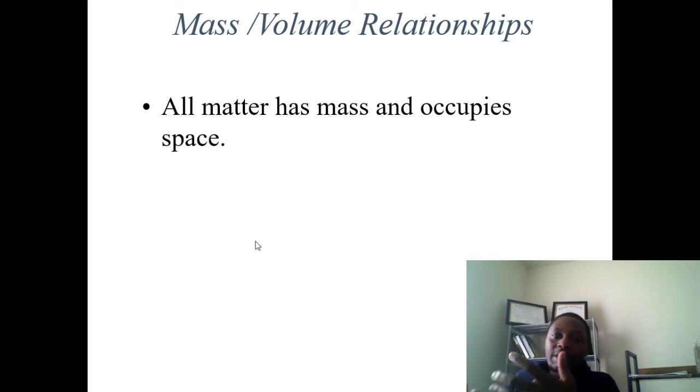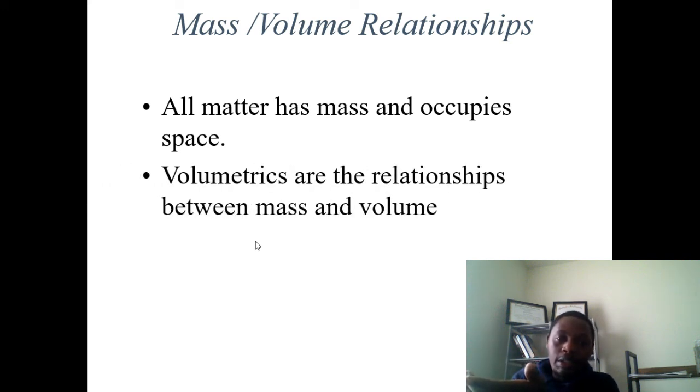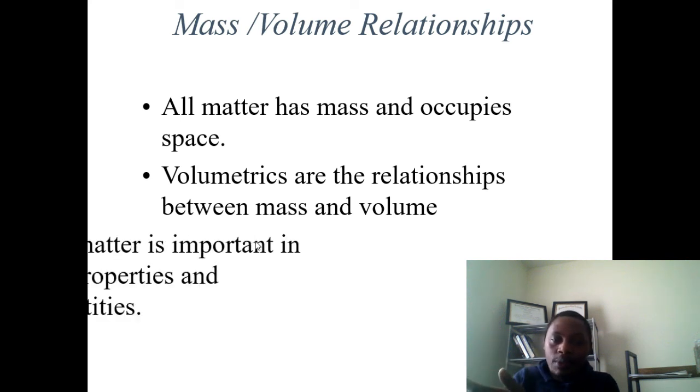For the mass and the volume relationships, we know that all matter has mass and it occupies space, okay? The space that it occupies is just the volume, right? So volumetrics are the relationship between mass and volume.